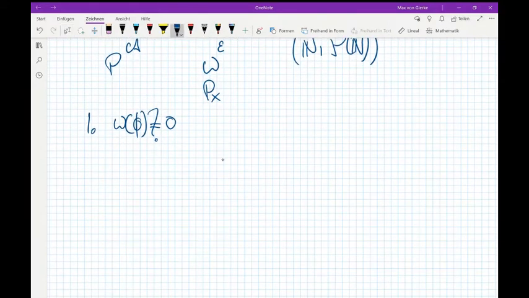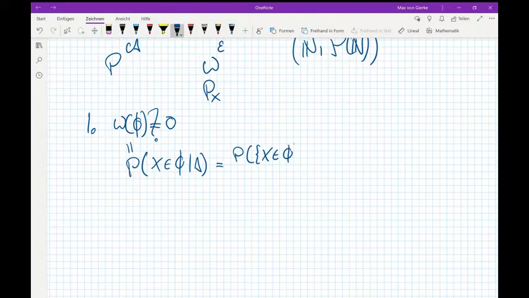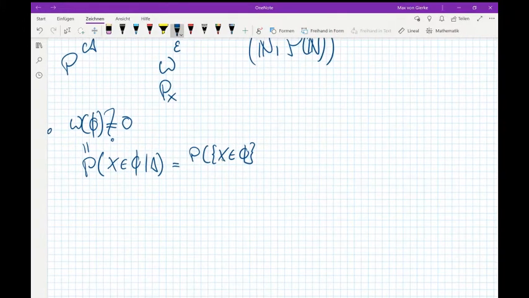So we compute that this is P(X is in the empty set conditioned on A), which is by Bayes P(X is in the empty set intersected with A).